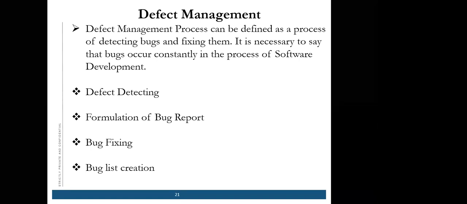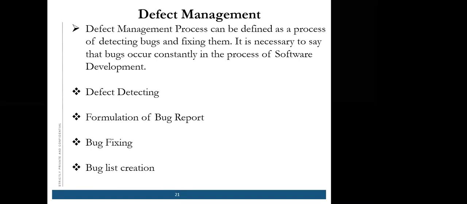Okay. So moving on, we have defect management. Defect management can be defined as a process of detecting defects and fixing them. It is necessary to say that bugs occur constantly in the process of software development.